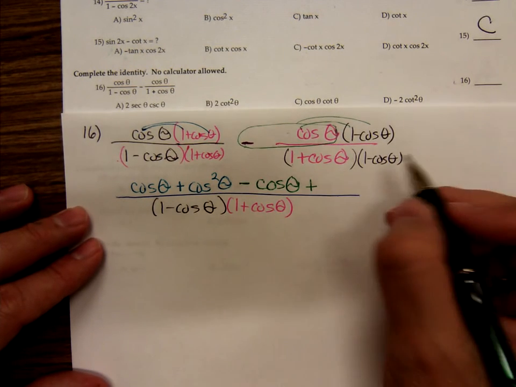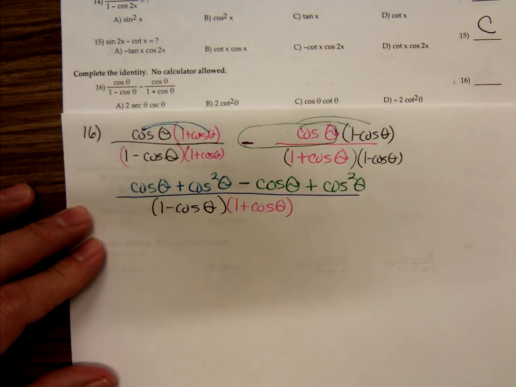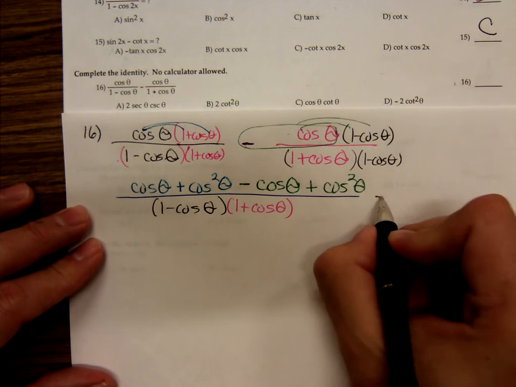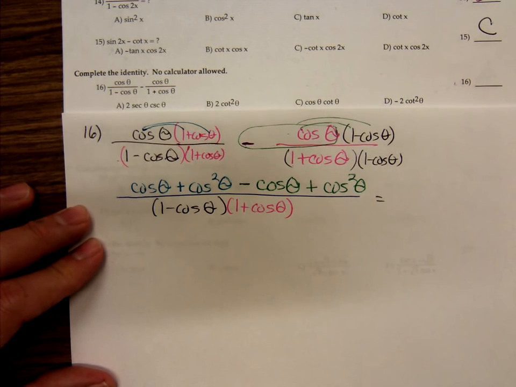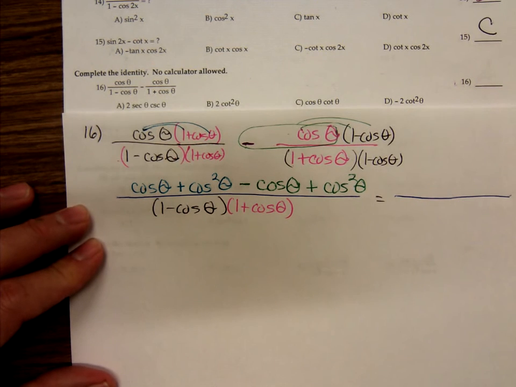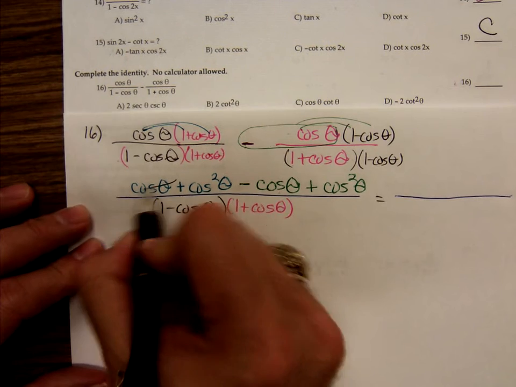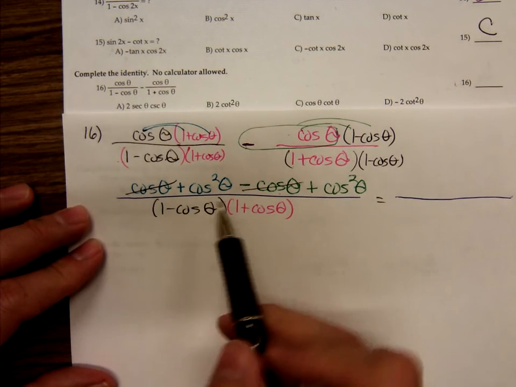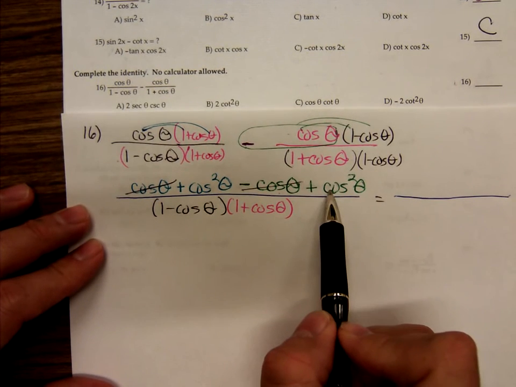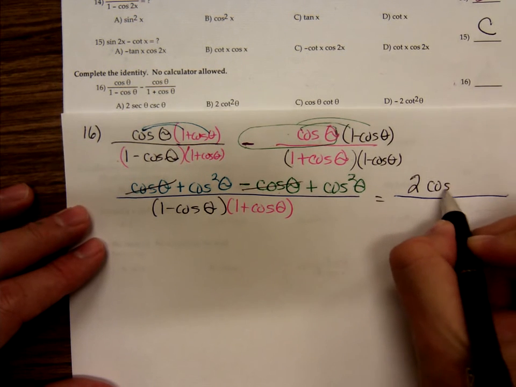That's a positive cosine square theta. Start simplifying. The cosine theta minus cosine theta subtracts out. And we have cosine square theta plus cosine square theta. That would be a 2 cosine square theta.